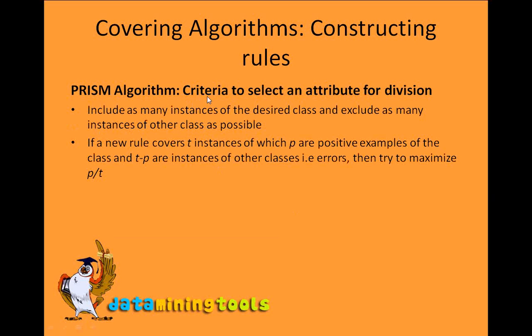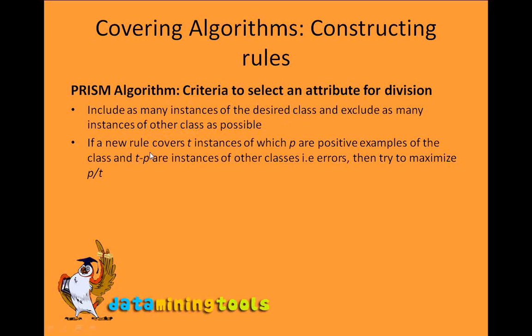Now two criteria to select an attribute for division. So basically while we are running prism algorithm for each class, for each rule we need to select an attribute to add a condition to our rule, or to make a division. So the criteria for that are: include as many instances of the desired class, that is the one for which we are trying to get a rule, and exclude as many instances of other classes as possible.